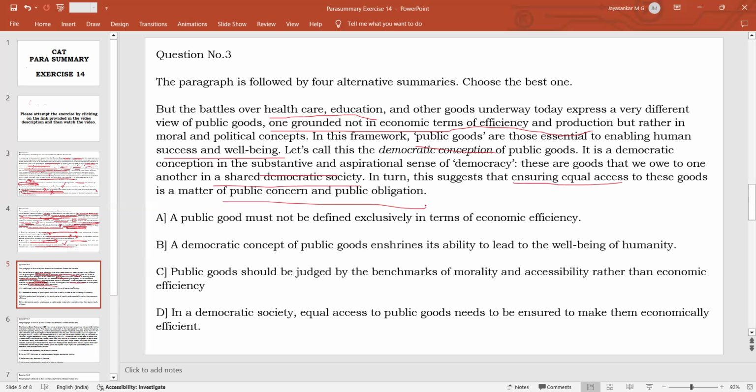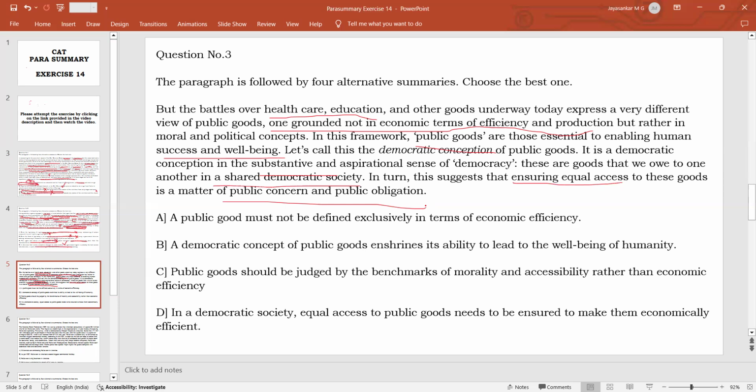The passage is giving more importance to the second view, where it says that public goods or public services should be measured not in terms of economic efficiency, but in terms of morality and the principles of democracy. And the principles of democracy say that any public good should ensure the success and well-being of human beings.